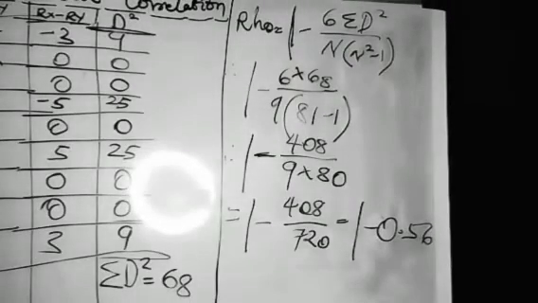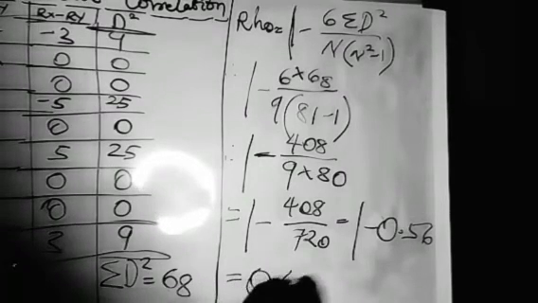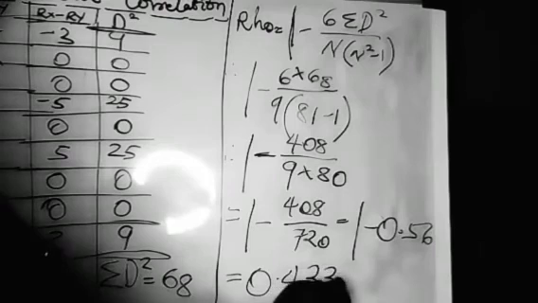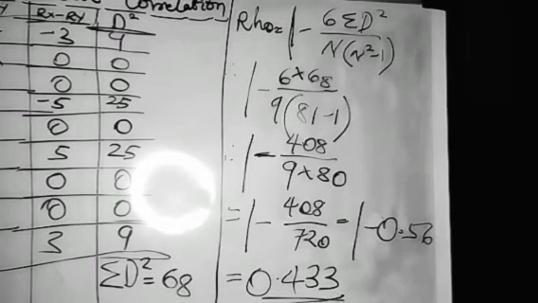Now when you minus 0.56 from 1, what will it give you? It will finally give us 0.433. So this is the connection between the first test and the second test of 9 students in our department.